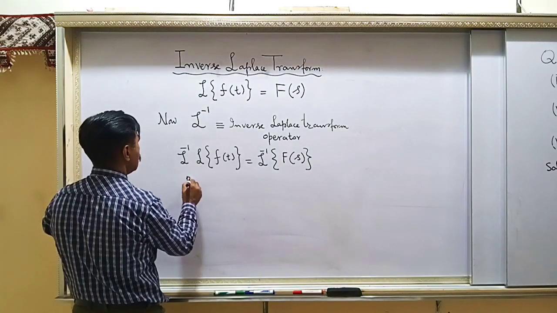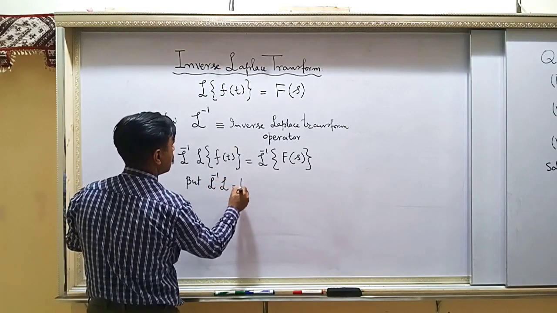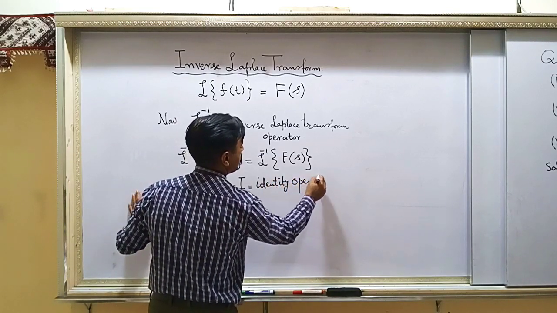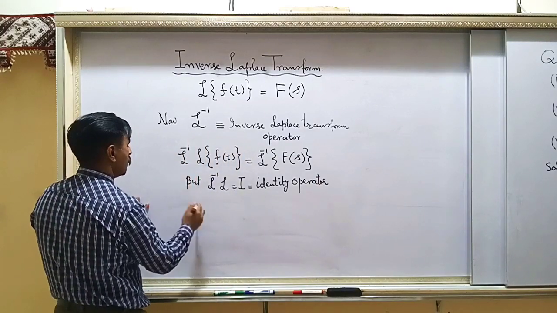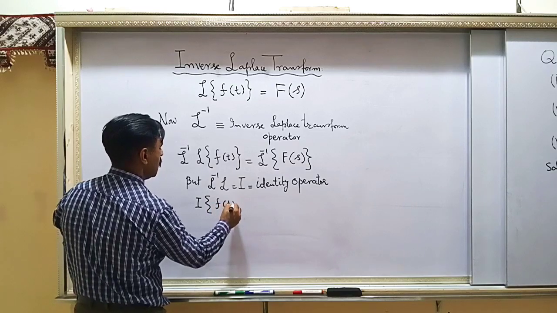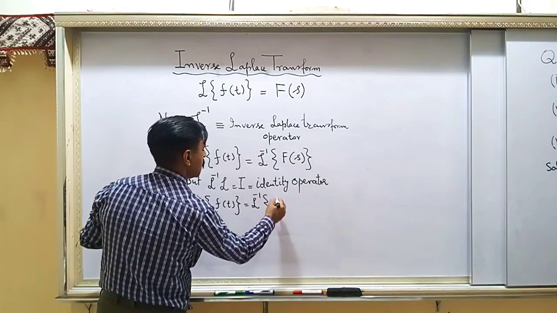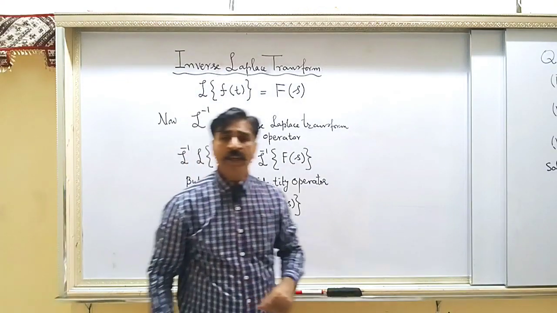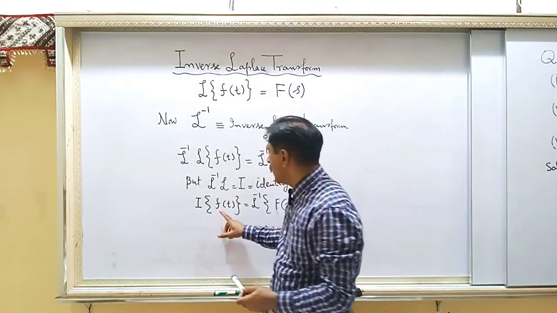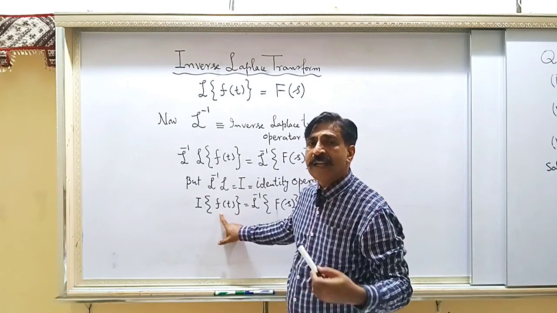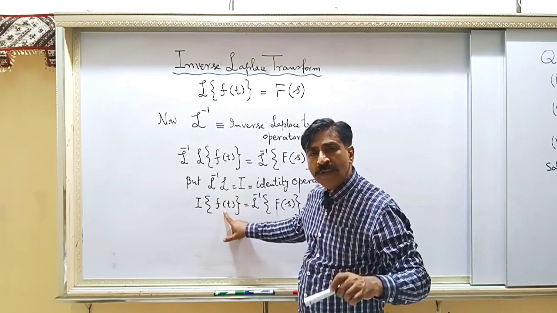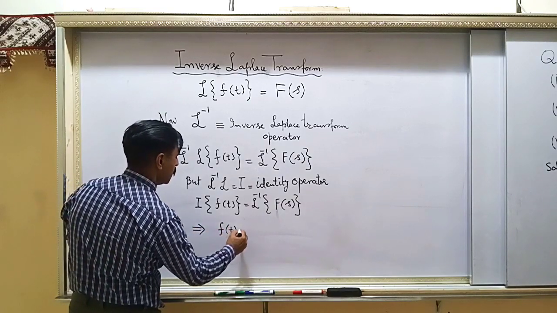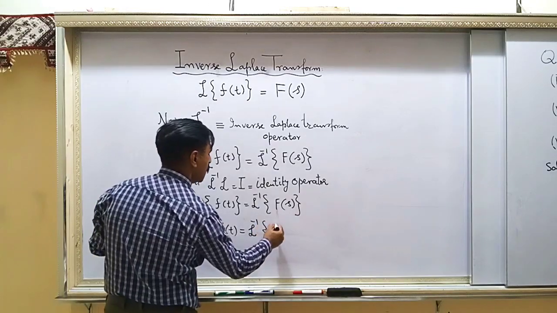So you can write L inverse L is I, the identity operator, acting on f of t, and the right hand side as such, F of s.